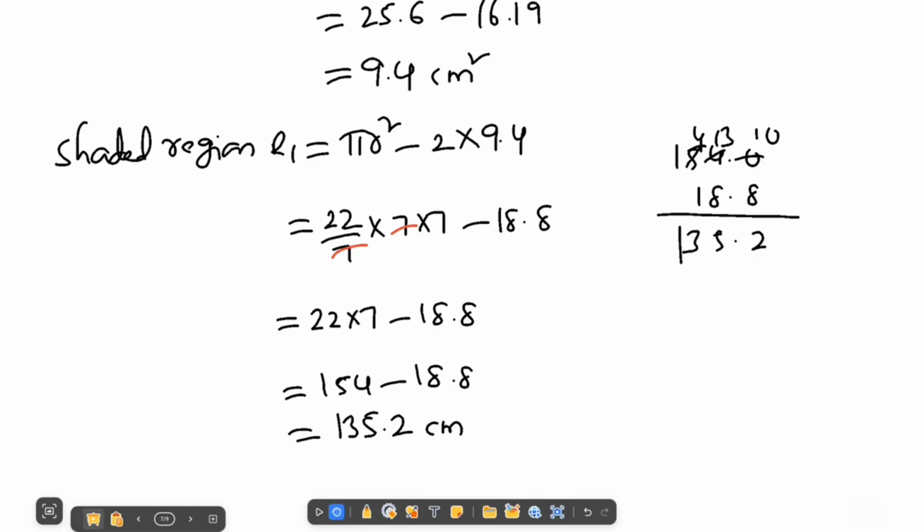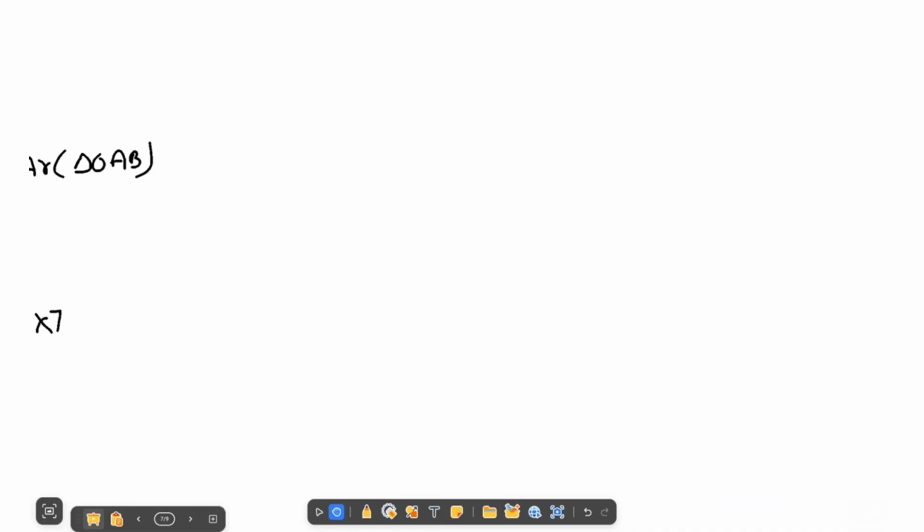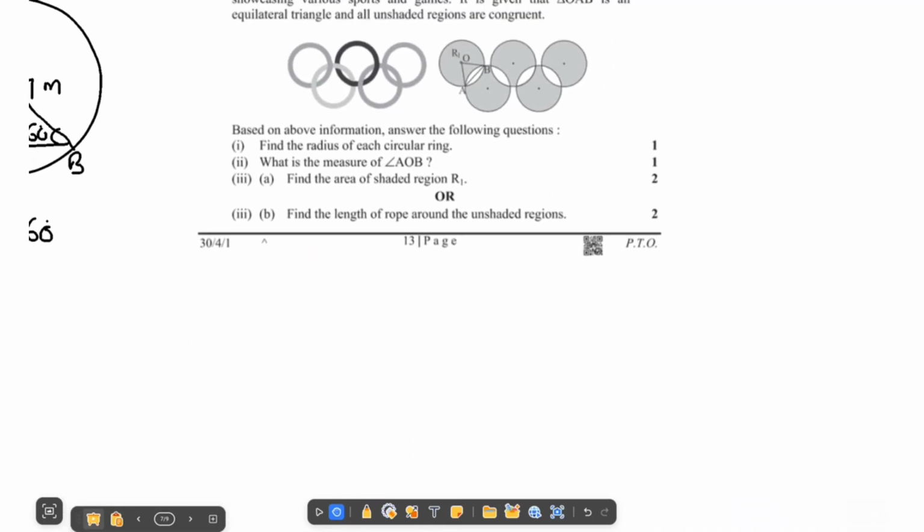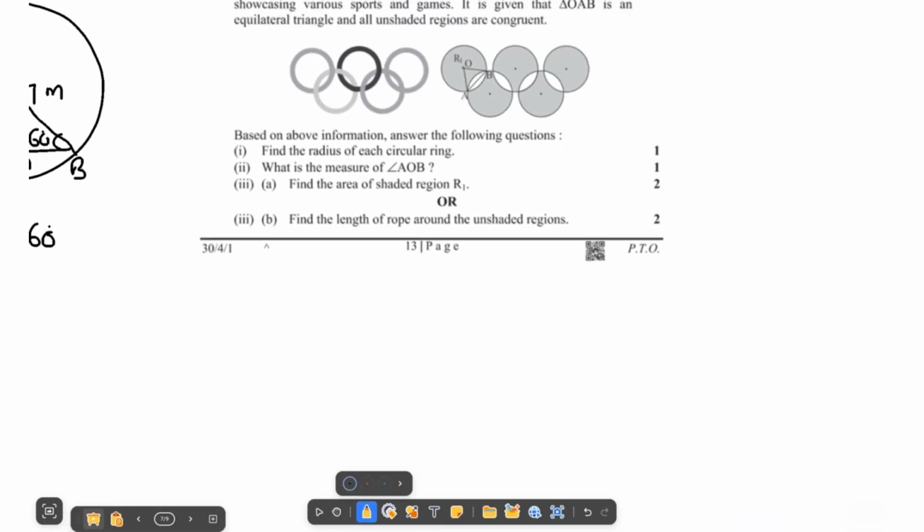So next, see what is the next question. Third B. So here the third B question is, find the length of rope around the unshaded region. So it is nothing but the length of 8 arcs, 8 into the length of one arc.